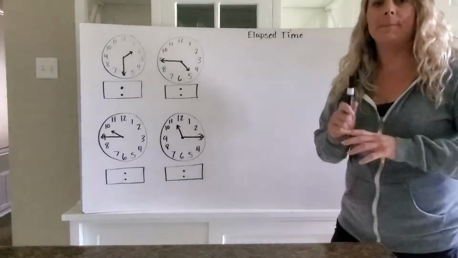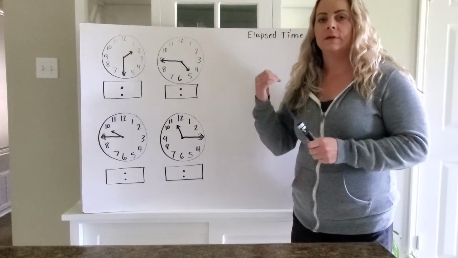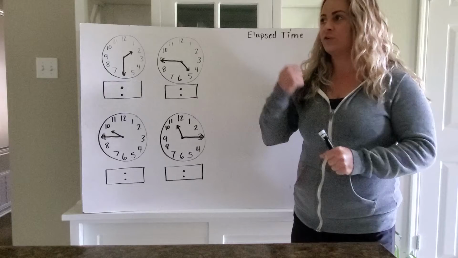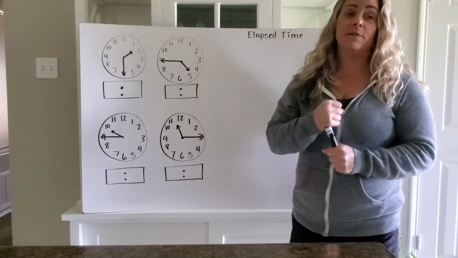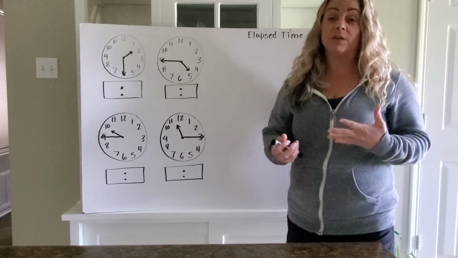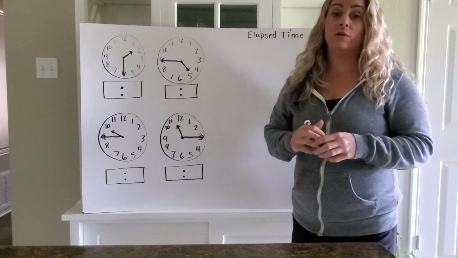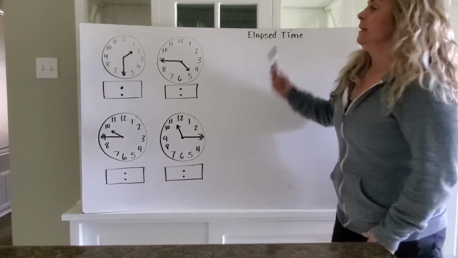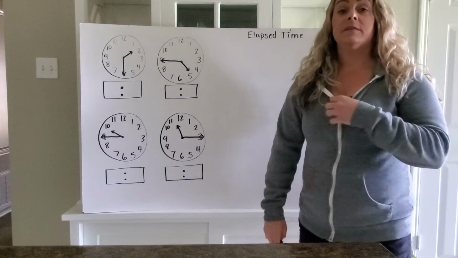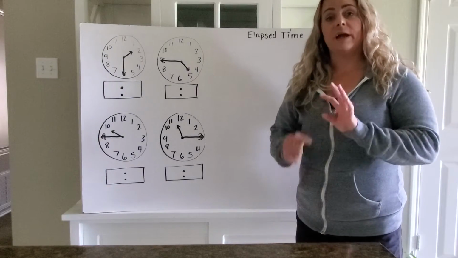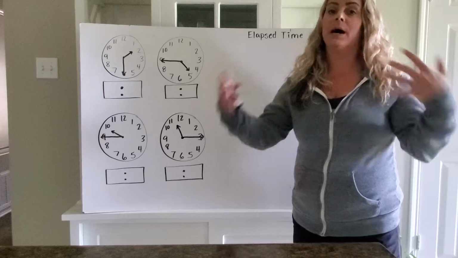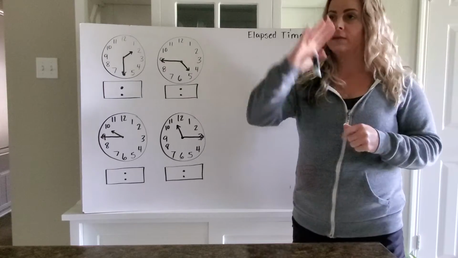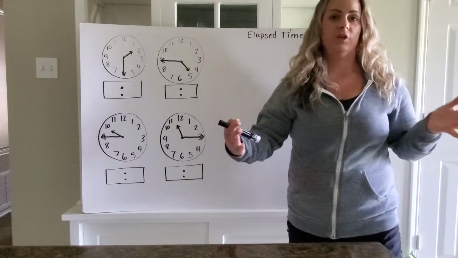We have been talking about measurement, and one of the things that we measure is time. And in third grade, one of our objectives is to also talk about elapsed time. Elapsed time means basically just how much time has gone by between a start time and a finish time.